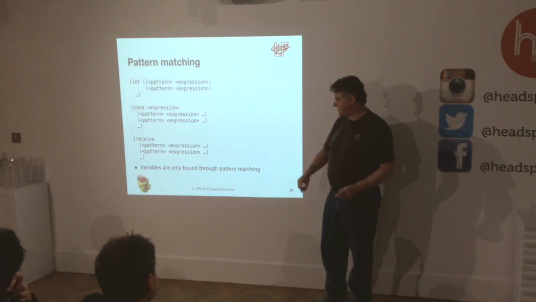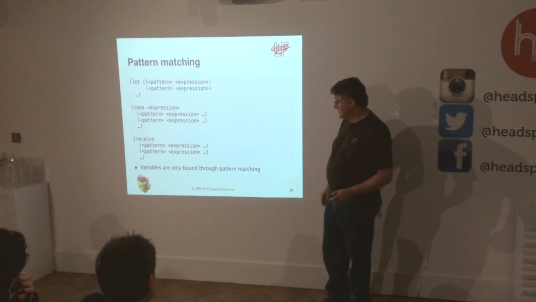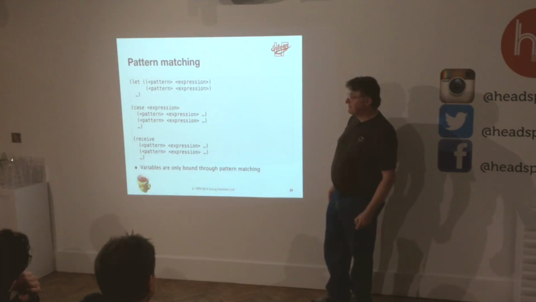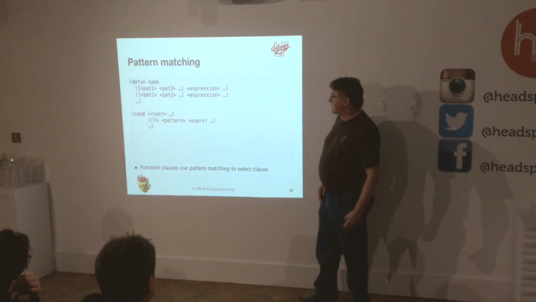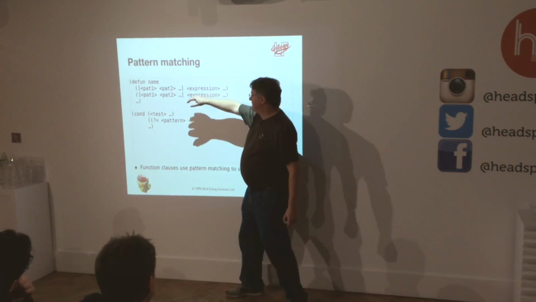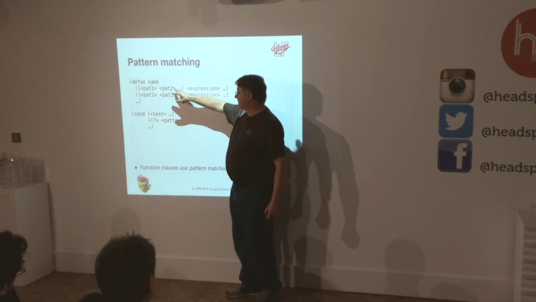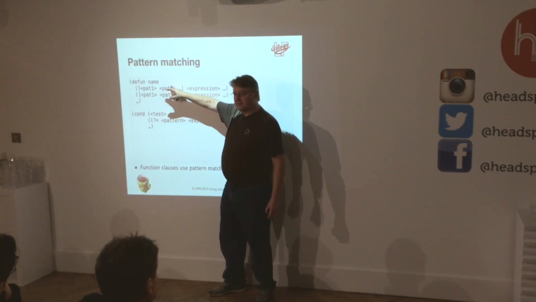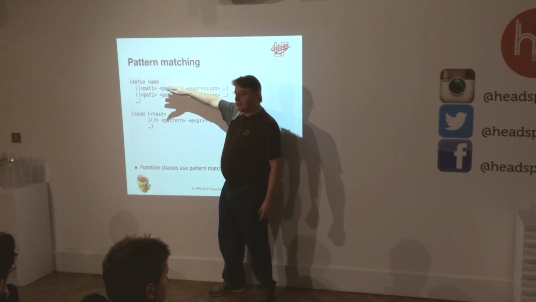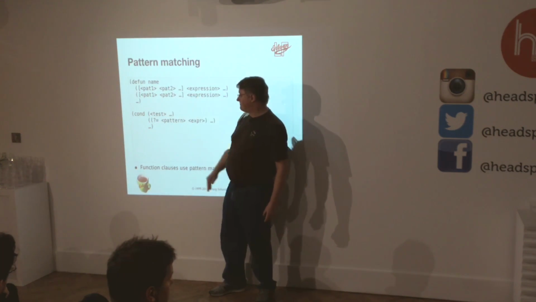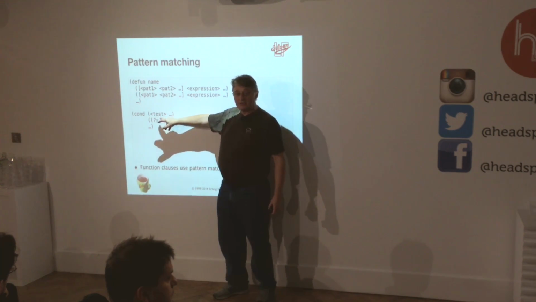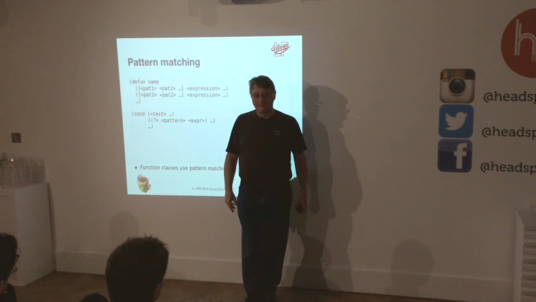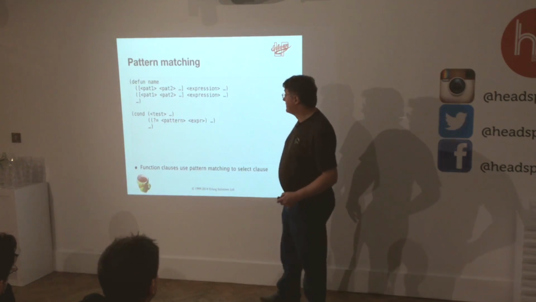So we use pattern matching there as well, too. This is how you bind variables, through pattern matching. We do everything with pattern matching. We can define a function with separate, we call them clauses, where you've got the arguments here, which are patterns now. The argument list is now a list of patterns, and we can use pattern matching to select which one we want to do. The Lisp cond we've extended with a pattern matching clause there as well.